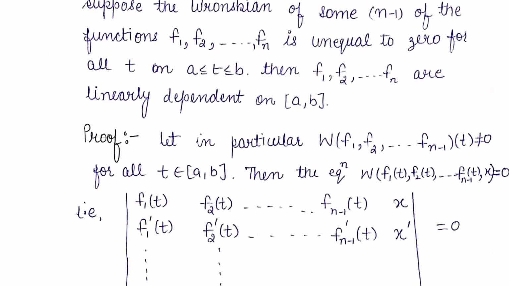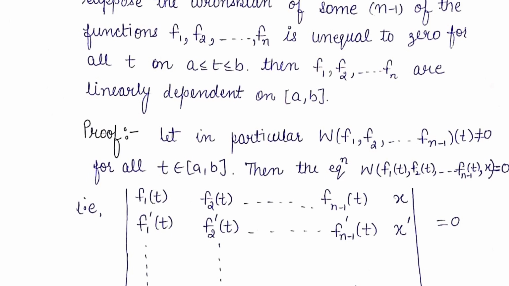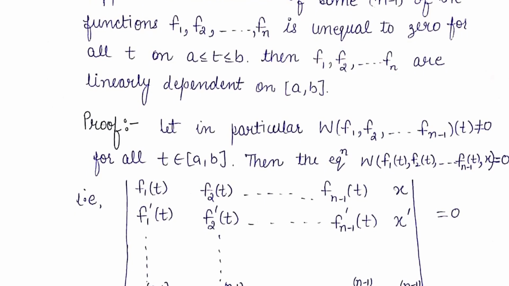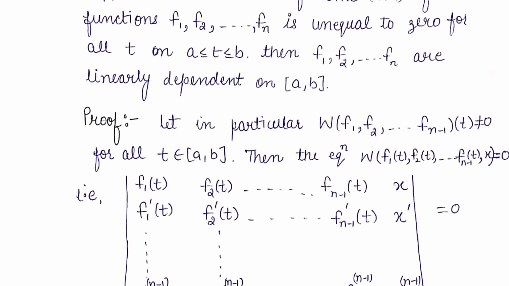So for the proof, let us suppose in particular that the Wronskian of f1, f2, ..., f(n-1) at t is not equal to 0 for all t in [a, b].